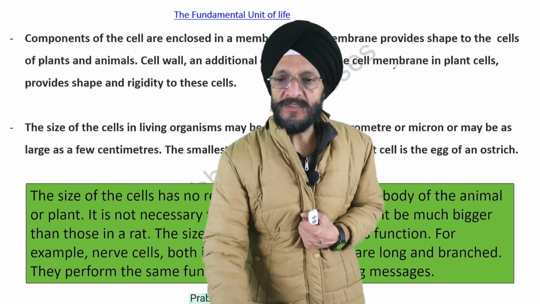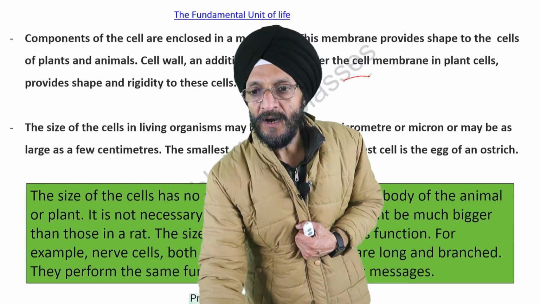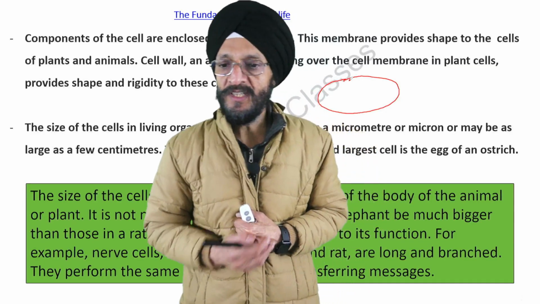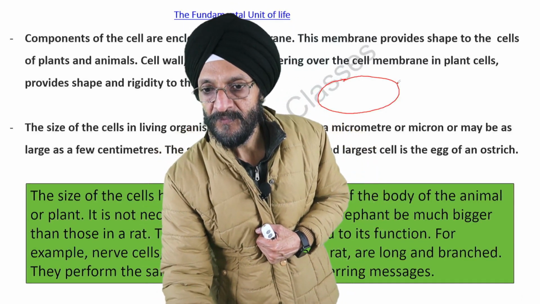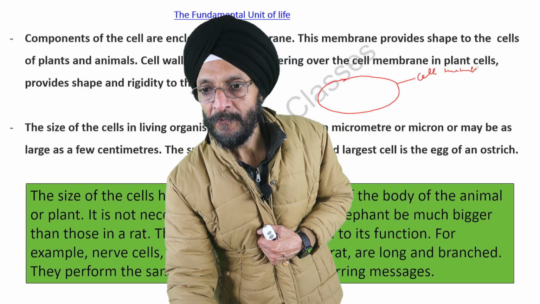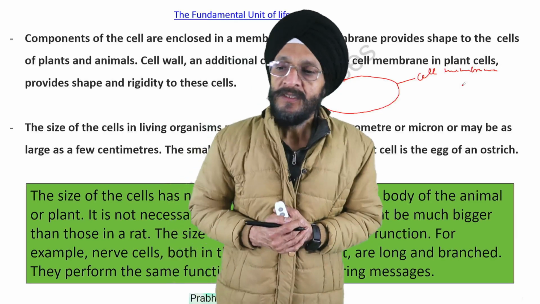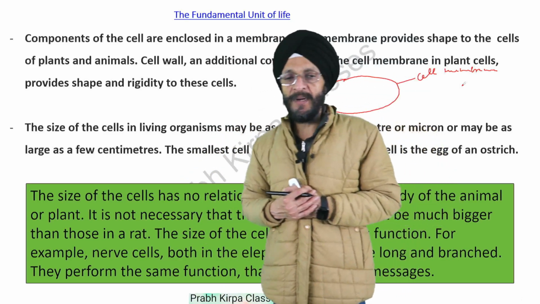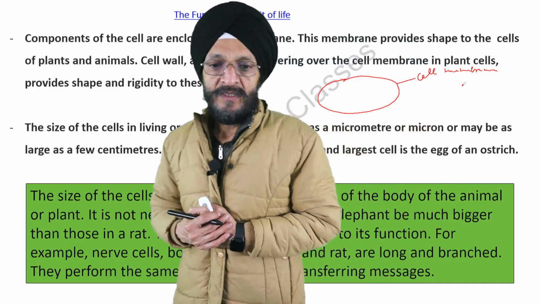The components of the cell are enclosed in a membrane, which is known as cell membrane. The cell membrane provides shape to the cells of animals.